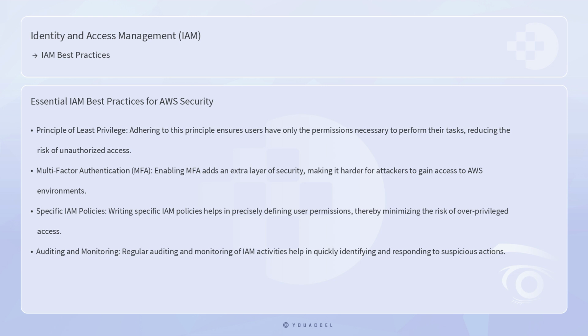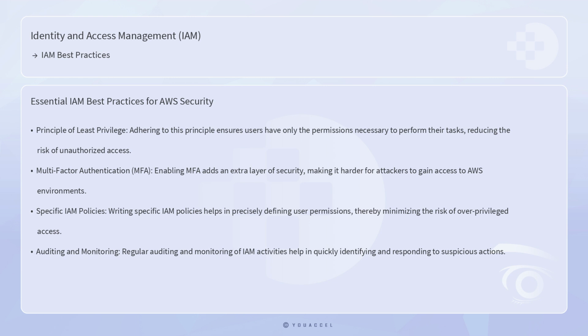In conclusion, implementing IAM best practices is essential for securing AWS environments and ensuring compliance with regulatory requirements. By adhering to the principle of least privilege, enabling MFA, writing specific IAM policies, auditing and monitoring activities, utilizing role-based access control, leveraging temporary security credentials, tagging IAM resources, enforcing strong password policies, implementing federated access and SSO, periodically reviewing and cleaning up IAM resources, and promoting training and awareness, organizations can significantly enhance their security posture.